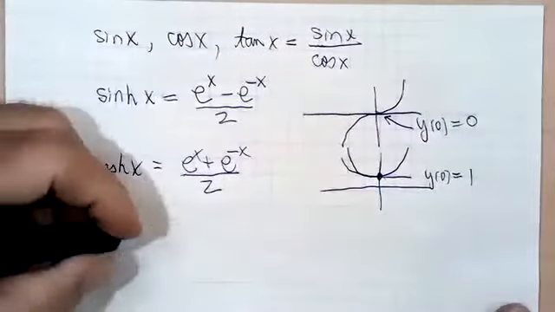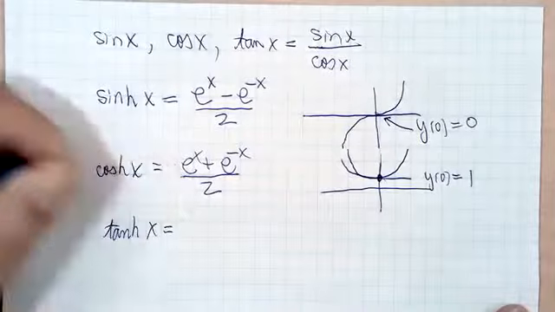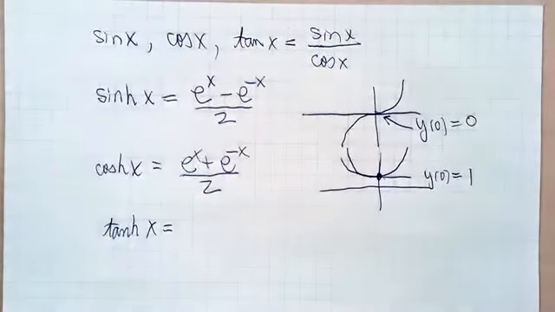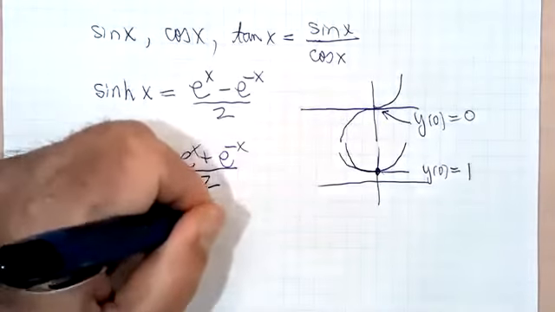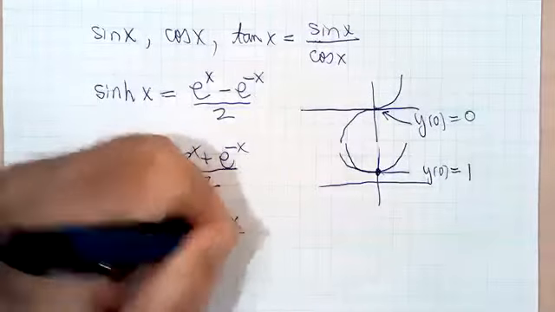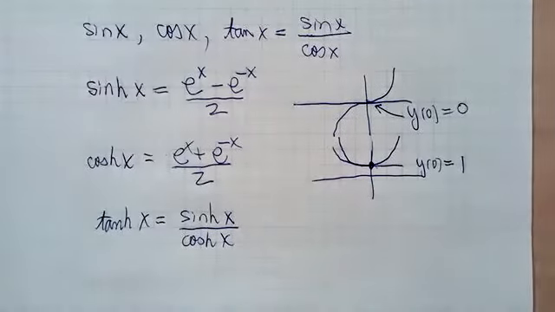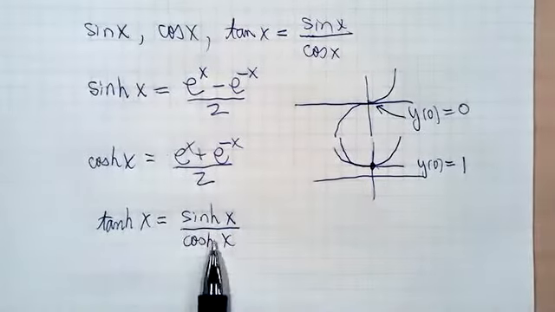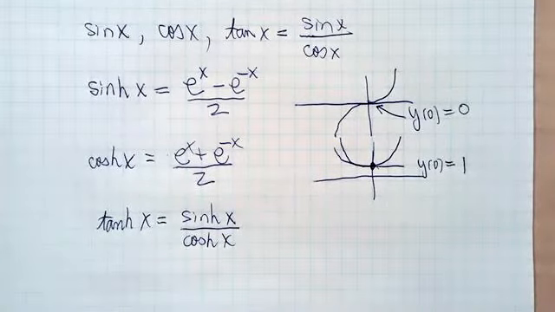And we define the hyperbolic tangent to be, well, you could write it out in terms of the exponential functions if you want, but it's just hyperbolic sine over hyperbolic cosine. Now, these actually come up quite often in applications of differential equations.